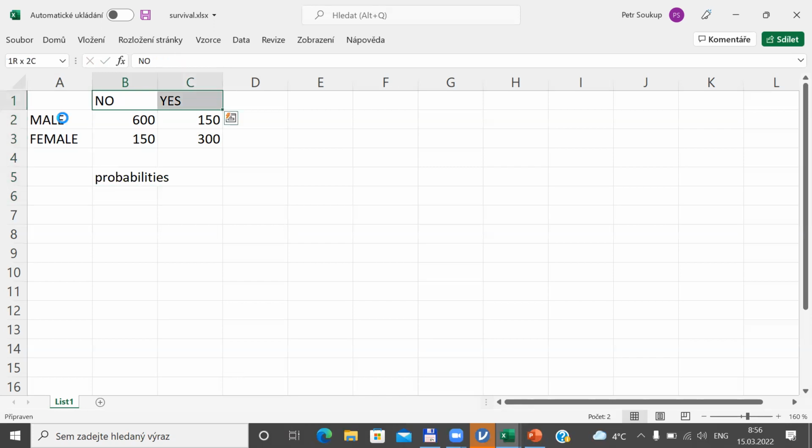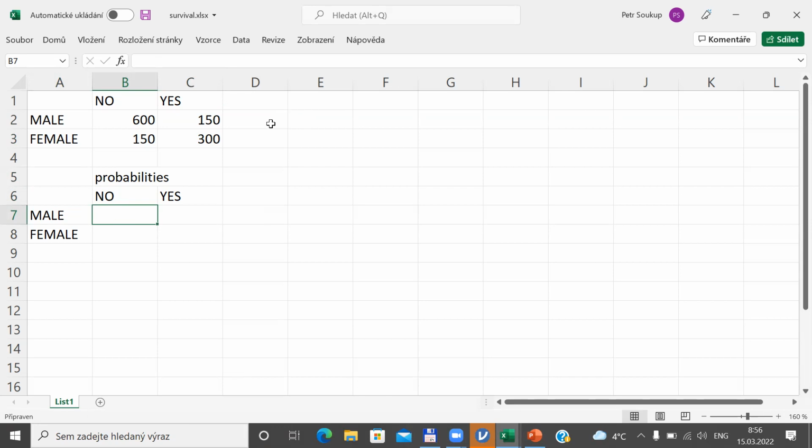I will once again copy no and yes, and I will once again copy male and female. And my first question is, what is the probability that a male didn't survive? What should be the formula written here?